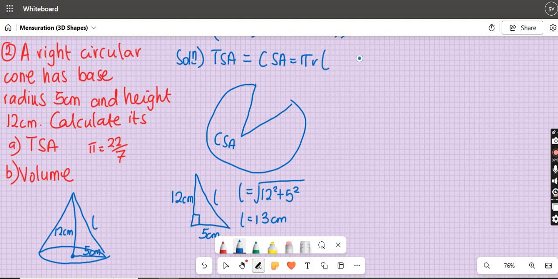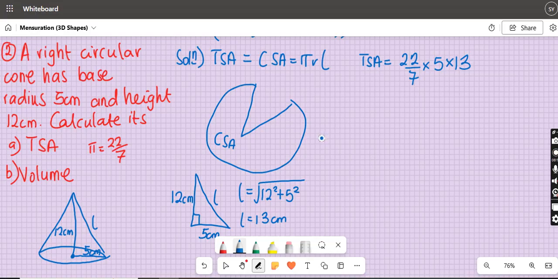So we can apply that for our total surface area, which in this case is the curved surface area. 22/7 times the radius 5 times 13. You can go ahead and compute it with me.